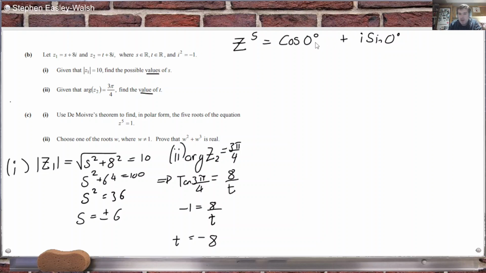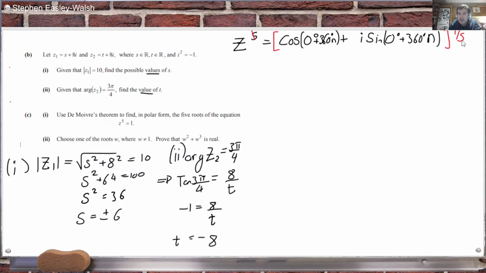In general polar form, we have to add in 360 degrees times n into the angles. 0 plus 360n and 0 plus 360n. And we'll have to put a fifth root on both sides to cancel the 5.